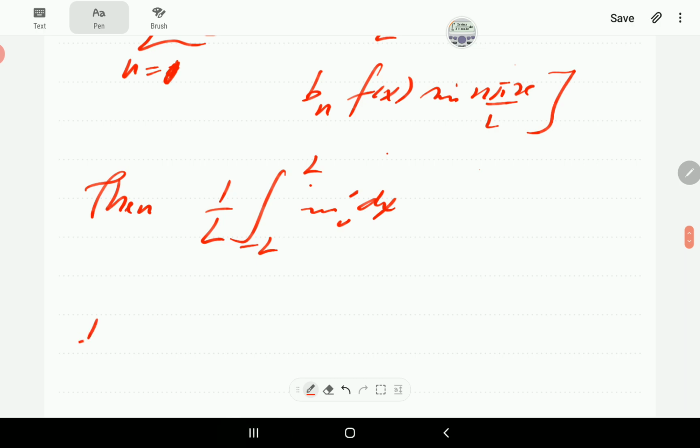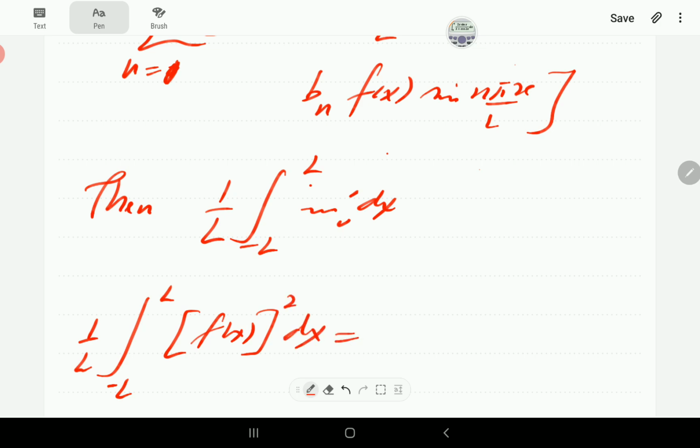So on the left hand side, we're going to have 1 over L, the integral of f of x squared dx.